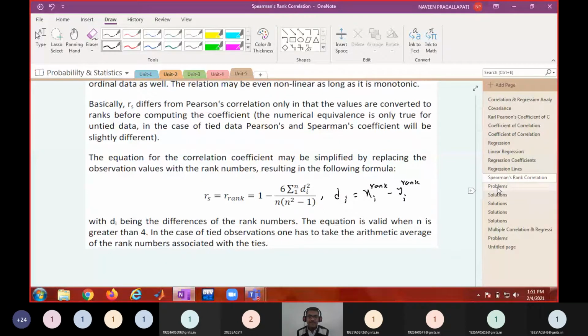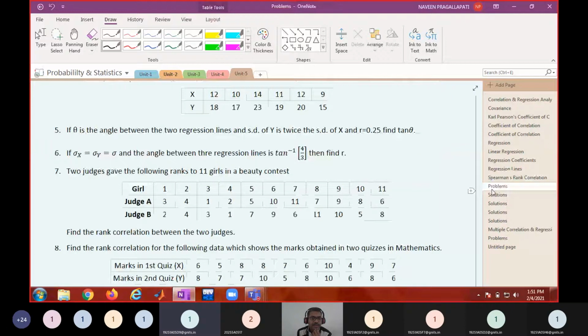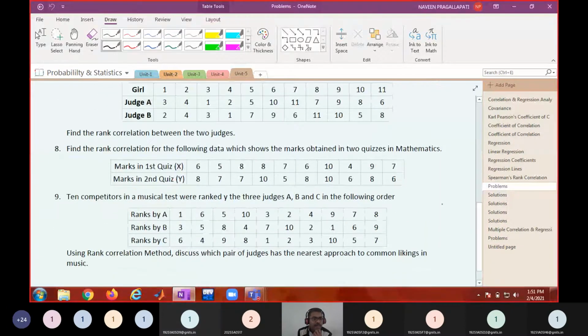Shall I proceed? Shall we see the problem? Yes. All of you note down the 8th problem.